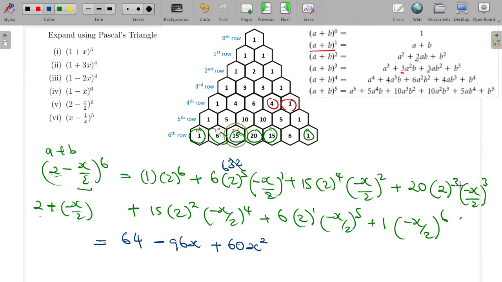Next, here it's an odd power where there's negative x over 2 raised to the power 3. So the negative will still be there. And you have 2 to the power 3 is 8. 8 divided by 2 is 4.